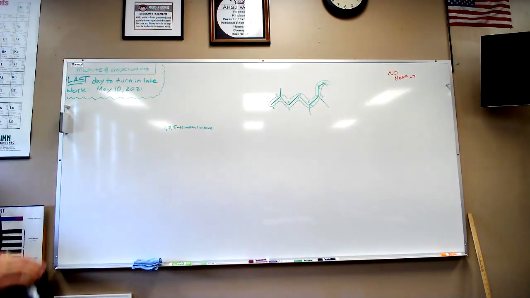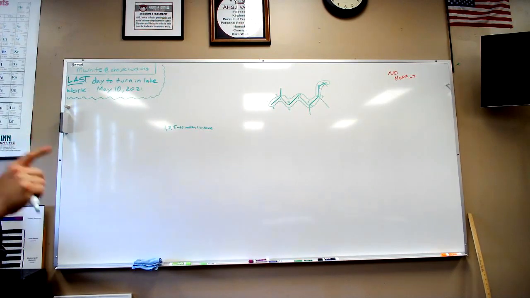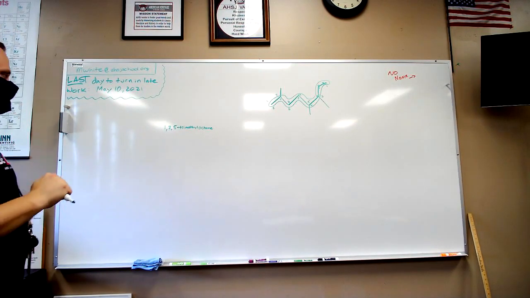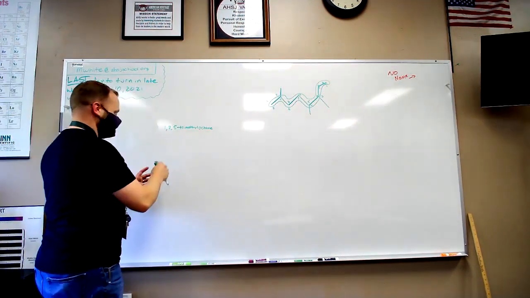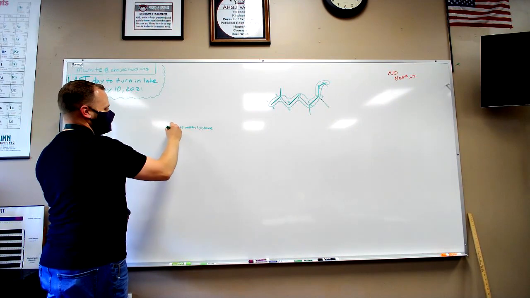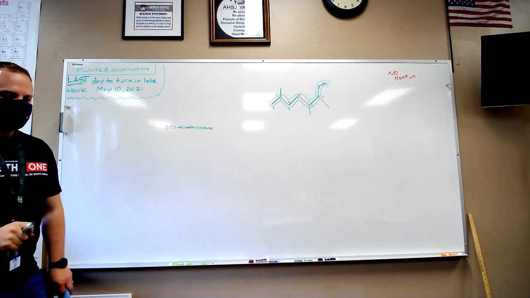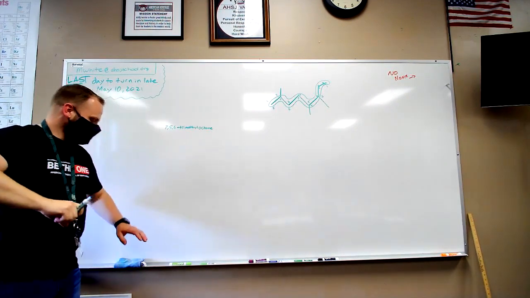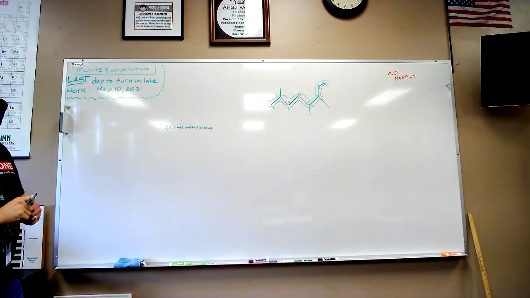So it can either be 2, 5, 6 or 3, 4, 7. Remember, we want the lower numbers.